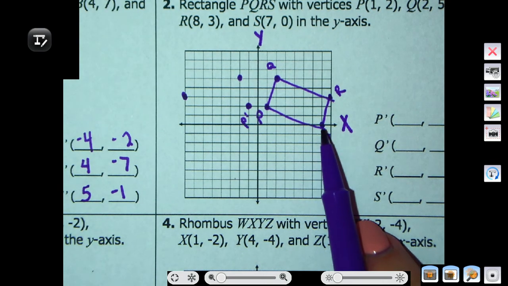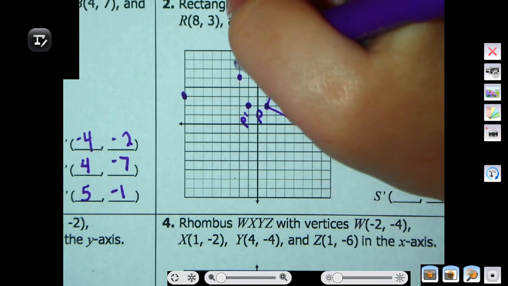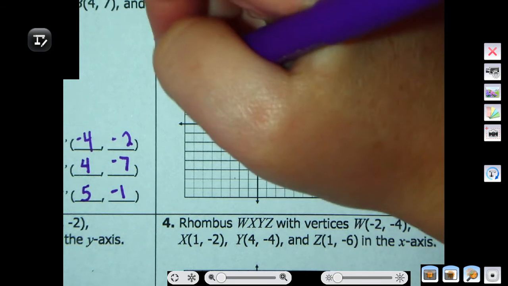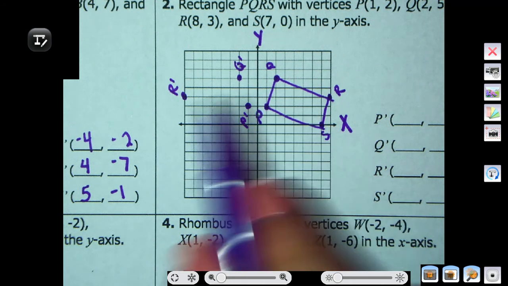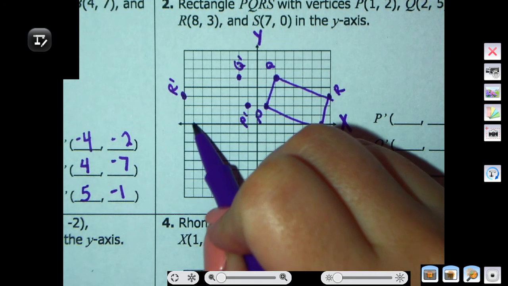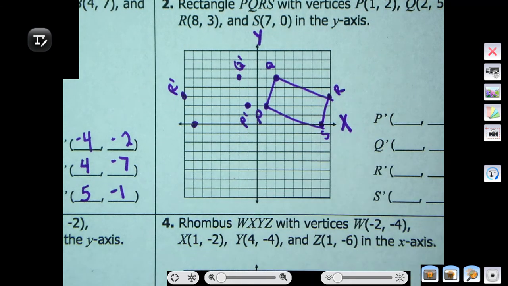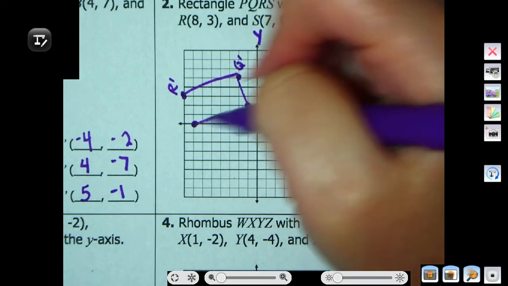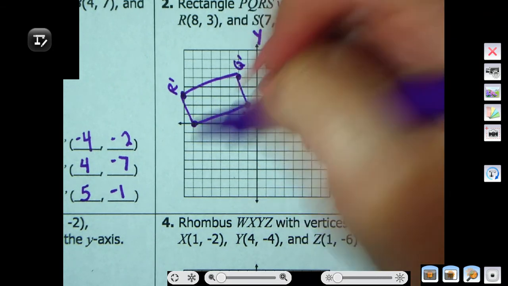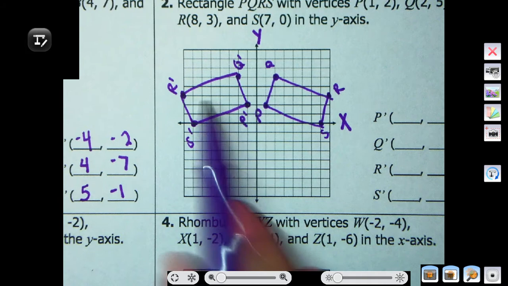Let me label this as Q prime, R prime, and then my S, 7 units over, it's going to go negative 7 units over here. And now I have my rectangle, and it's been reflected over.